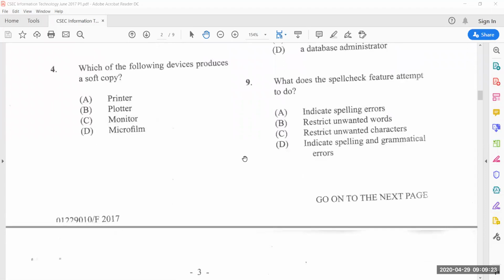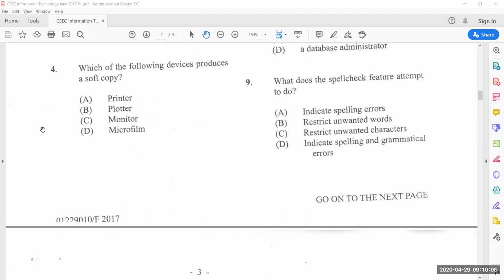Okay, what does the spell check feature attempt to do? Does it indicate spelling errors, restrict unwanted words, restrict unwanted characters, indicate spelling and grammatical errors? All right, let's go again. Okay, Huda, Tom, what answer do you have for 9? D. Okay, yes.